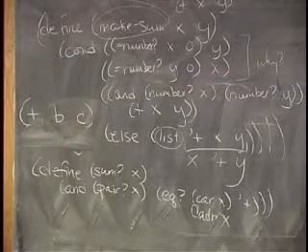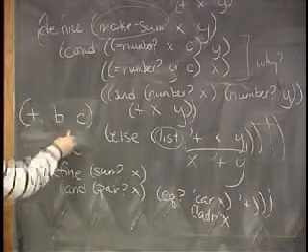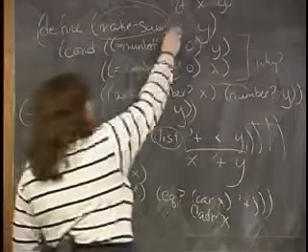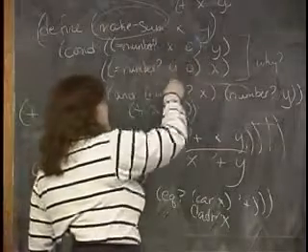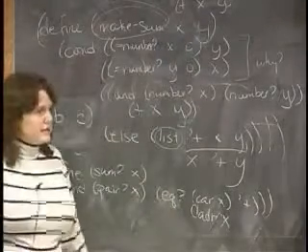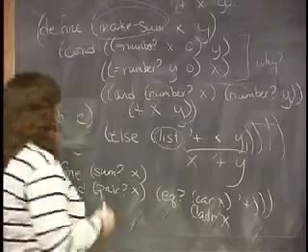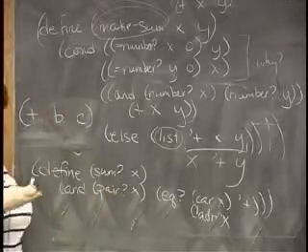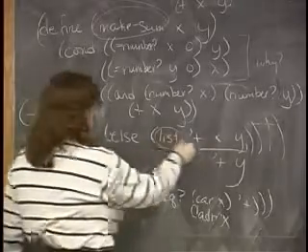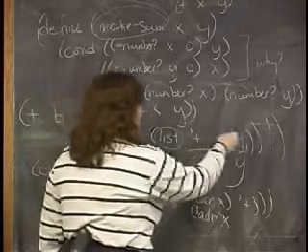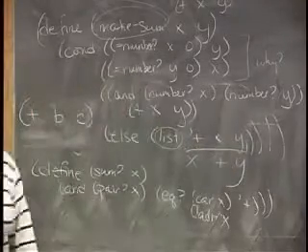If the symbols b and c were what we passed in for x and y, this fails, this fails, this fails, we can't do any simplification. So what we do is we return their sum, and the sum is represented as a list made up of the symbol plus, and then in this case b and c.